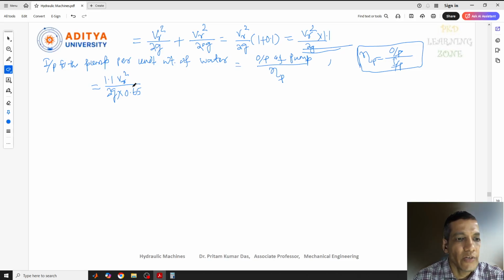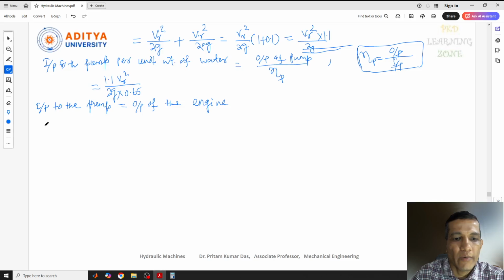Now the next thing is we need to find the input to the pump. Actually we can write one more sentence: the input to the pump is equal to the output of the engine.